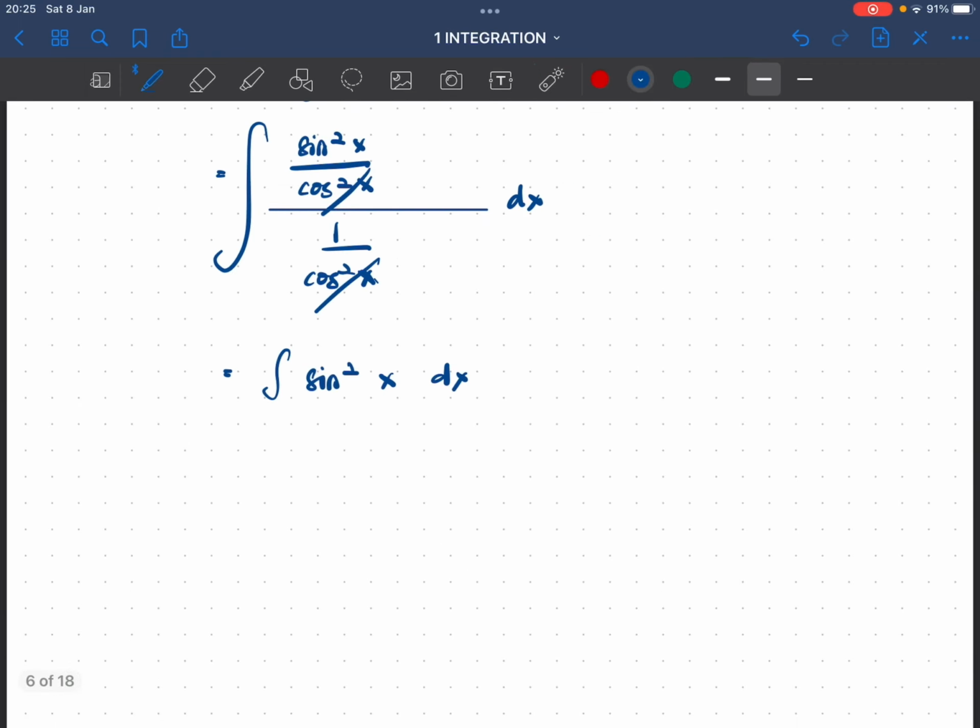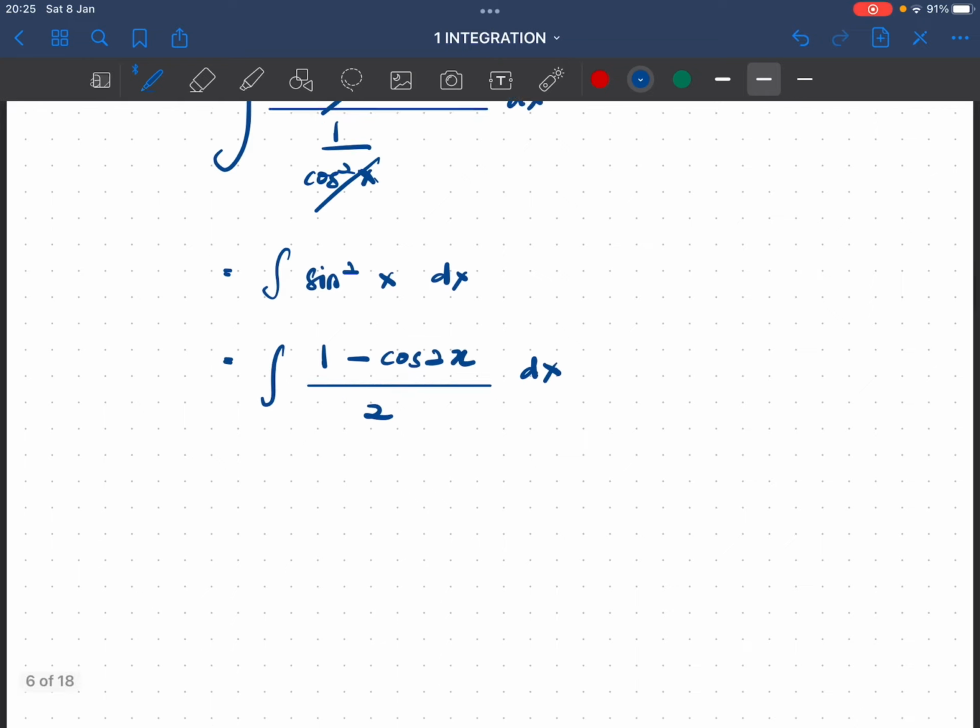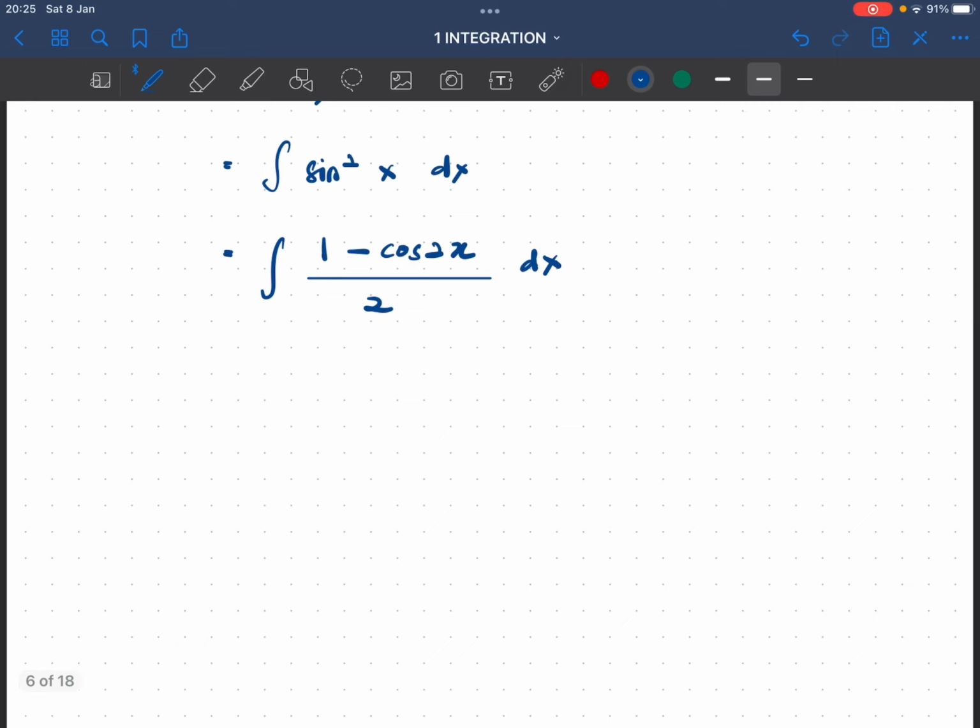So you have to change sine square x to 1 minus cos 2a over 2. A is the angle, which here is x, so 1 minus cos 2x over 2 dx. If you want to take out the constant, 1 over 2, that is fine.